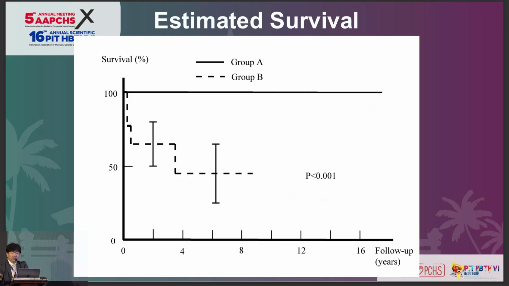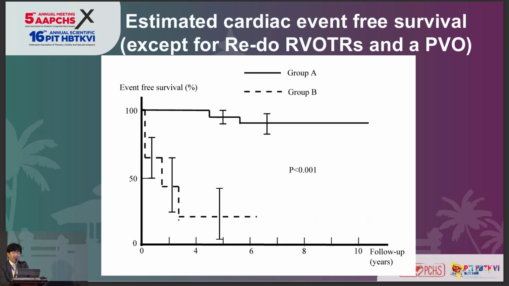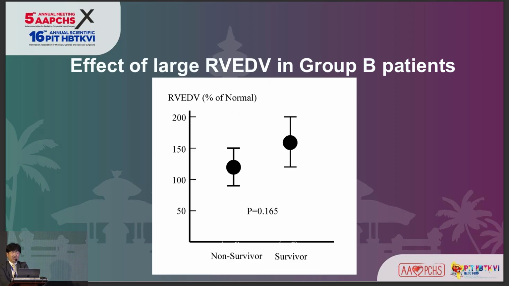So I checked the estimated survival of group A and group B, and the short distance one has a good result, but the long distance has high mortalities. Also, RVOT and pulmonary obstruction are factors, and the estimated cardiac event-free survival is better in group A. So it is affected largely because of that.